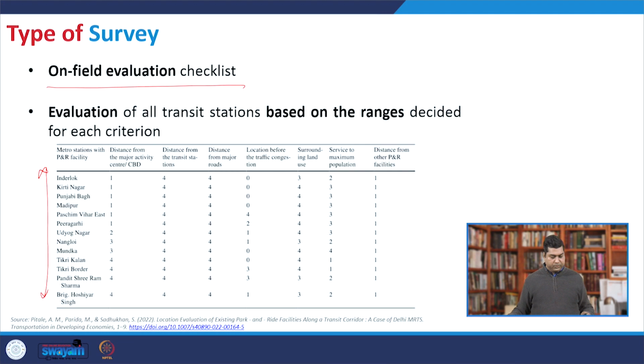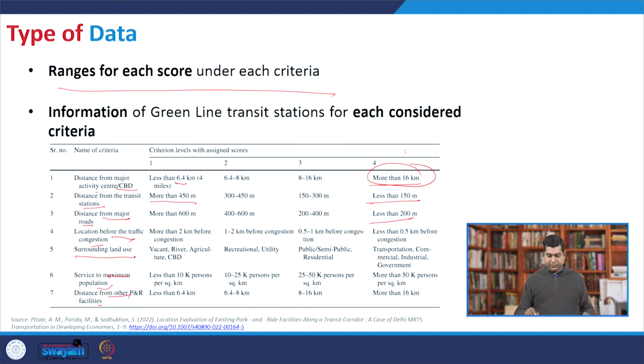So if a station is meeting all these labels with a score of 4, that means it is the ideal solution, but it is not possible because it is just an evaluation. Somewhere you find that some of the stations have 3, 4, 2, 1, and sometimes it is not available, not applicable, then 0.